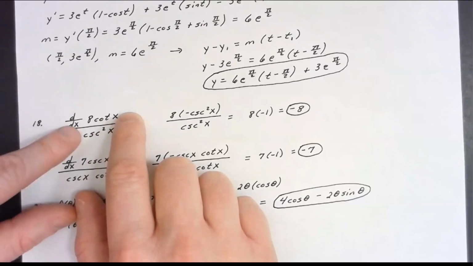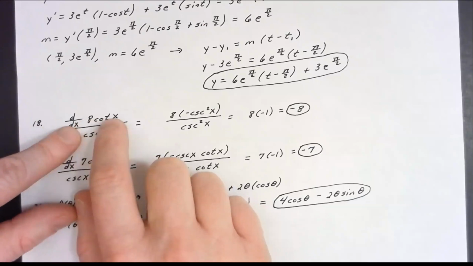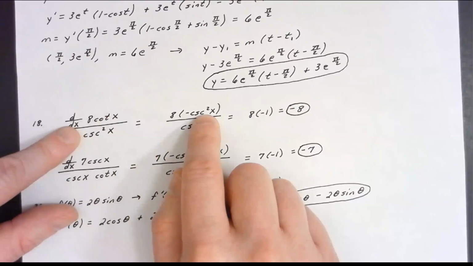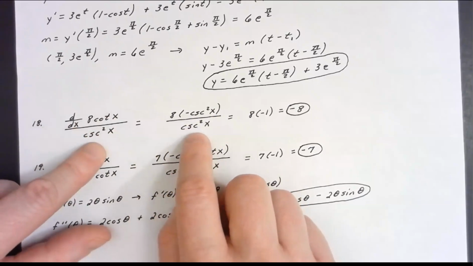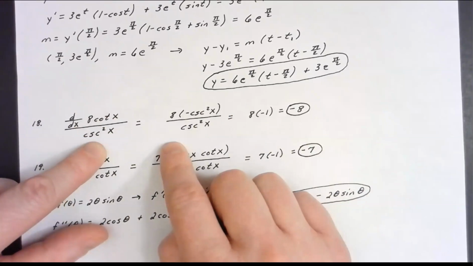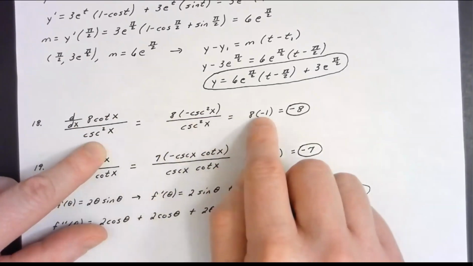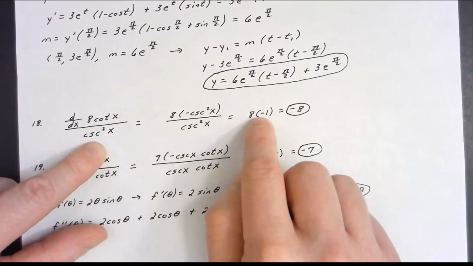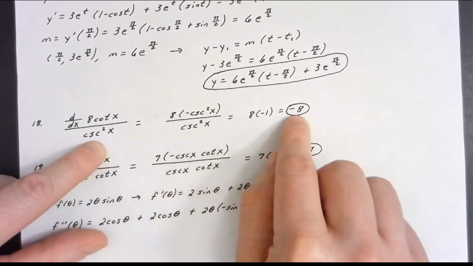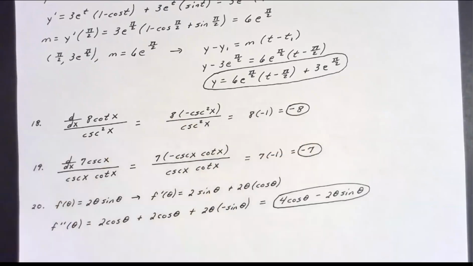So the derivative with respect to x of 8 cotangent is going to be 8 times a negative cosecant squared. Now, I'm dividing that by the cosecant squared in the denominator. Clearly, my cosecant squareds would cancel, and I would have 8 times negative 1. Technically, your denominator would be a 1, and you could say, well, 8 times negative 1, that's just going to simplify to be negative 8.